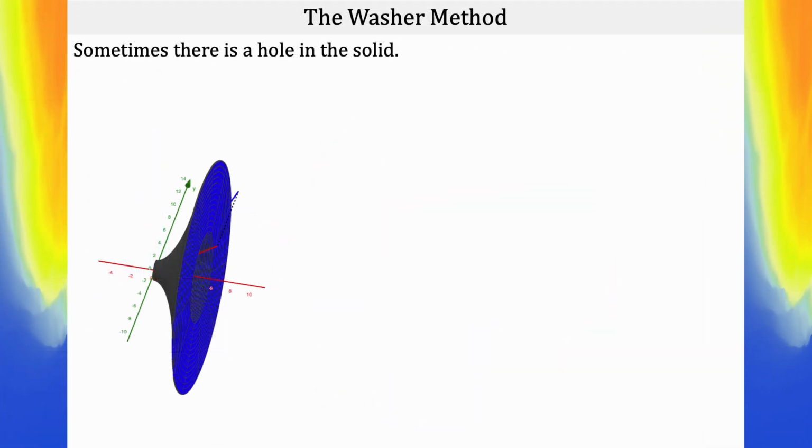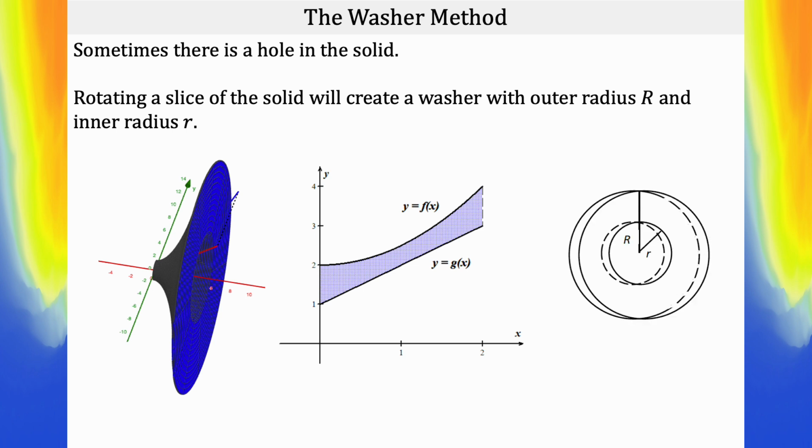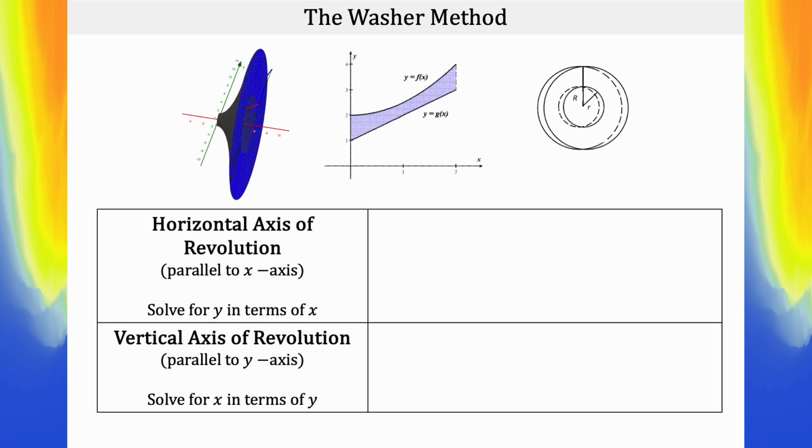This is called the washer method because, well, sometimes there's a hole in the solid. Rotating a slice of the solid will create a washer with an outer radius, big R, and an inner radius, little r. The formulas for these are, well, very similar.